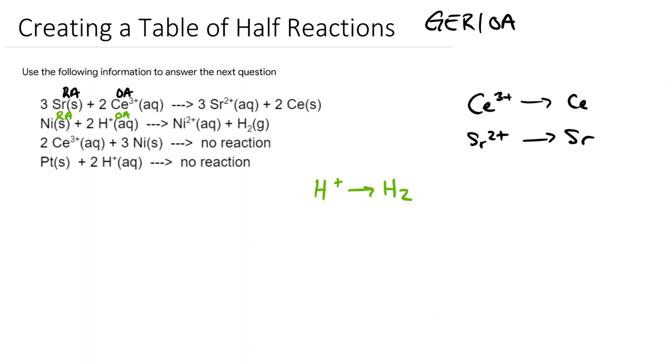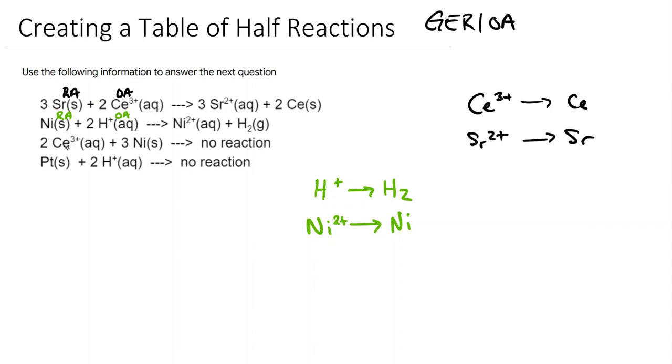It's the oxidizing agent, so it goes over on the left. The reducing agent, nickel, goes on the right. Is this a spontaneous reaction? Yeah, it is. Okay. All right. So both of these things make sense given what we've been given in the reaction. No problem. So now let's move on.